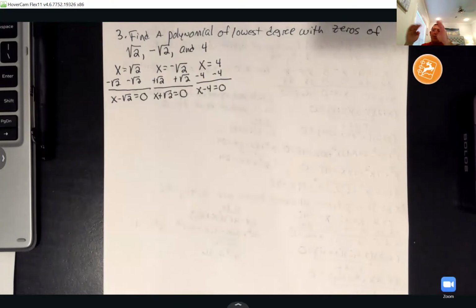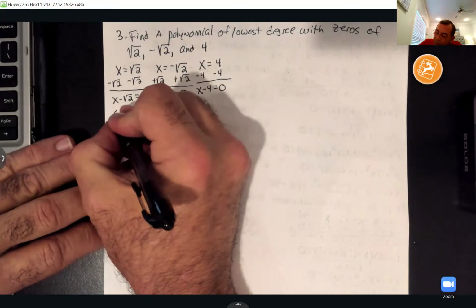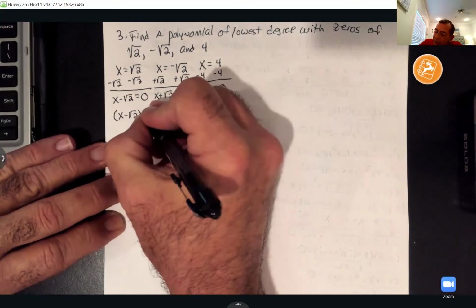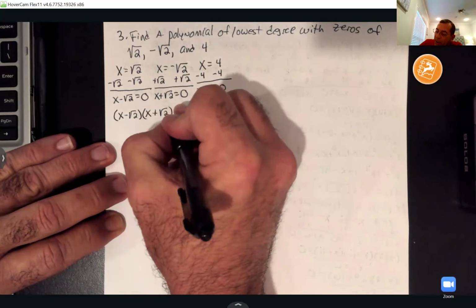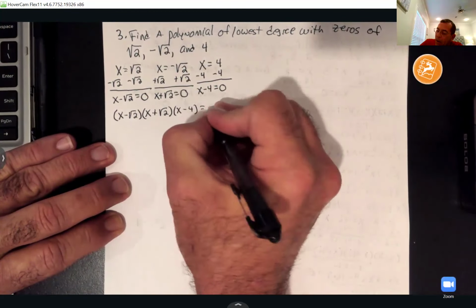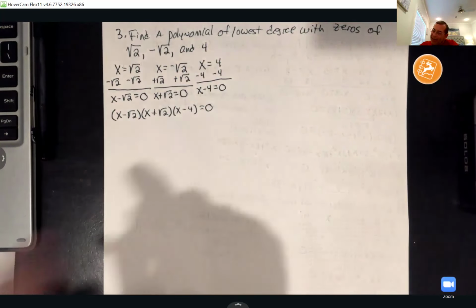All right, everything's equal to 0. So now we're going to throw everything in parentheses. So x minus square root of 2, x plus square root of 2, and then x minus 4, all are going to be set equal to 0. So y'all, let me tell you this.